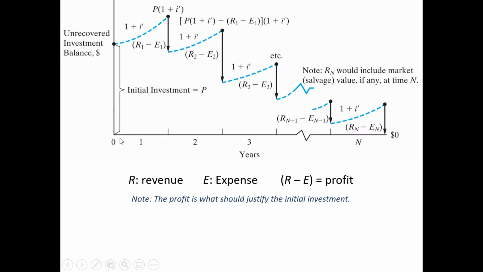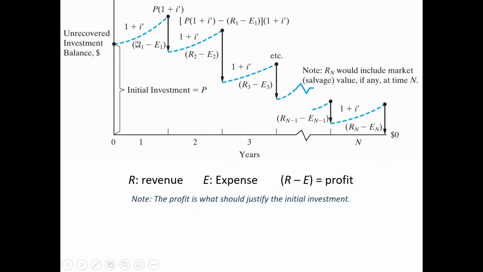And so this is $85,000. And then this blue line shows the effective interest during the first period. During the first period of compounding, the unrecovered investment balance gets bigger because not only did you outlay $85,000, but that's money you could have had in the bank earning interest. And so you want to earn a rate of return on your investment.